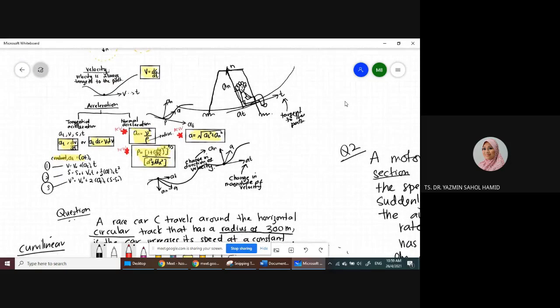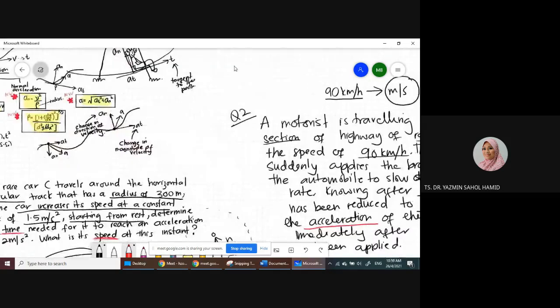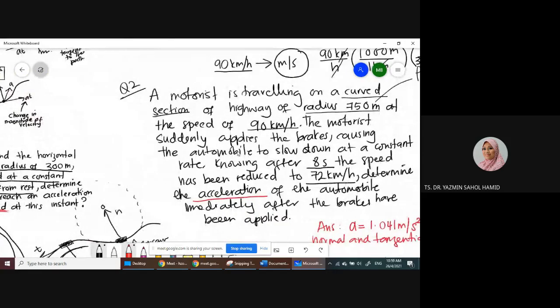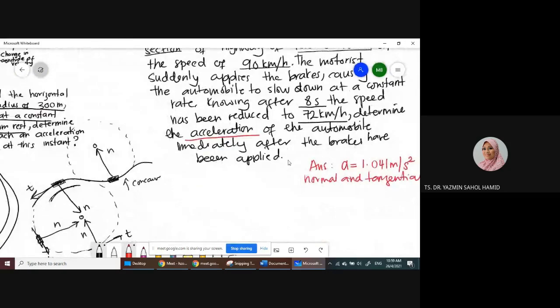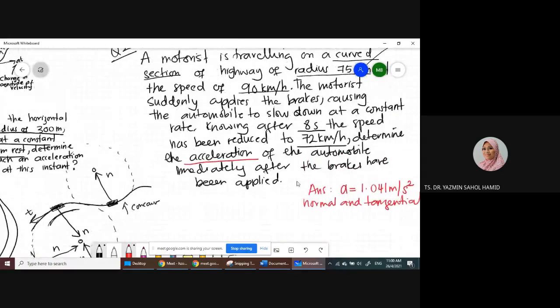You have to decide which formula you want to use. How are you going to solve it? Obviously, this question is very simple. They ask you to calculate a. When they ask you to calculate a, of course you know that you need to find a_t and a_n. So what is a_t and what is a_n? You have to find out.